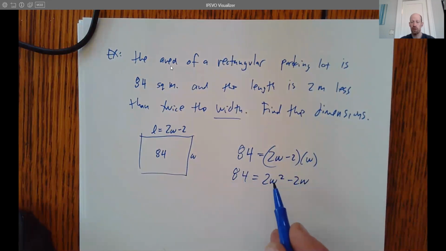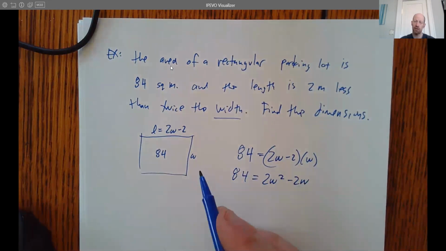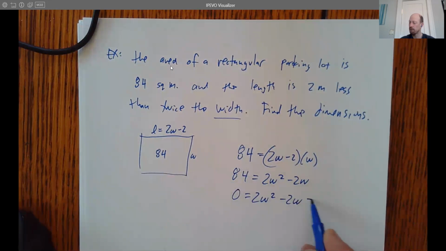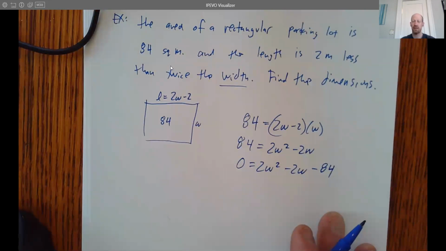You could move the 2W squared and the minus 2W over to this side, but then I get a negative. I like to have a positive, remember, on my W squared. So I'm going to move the 84 over to the right side.